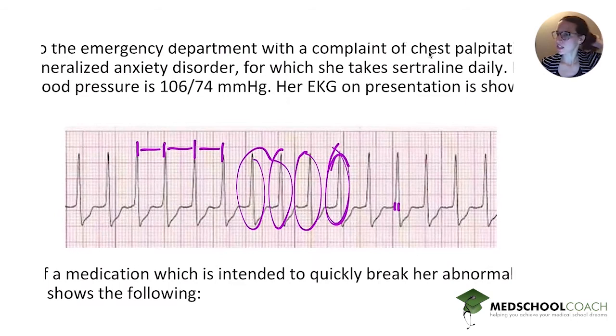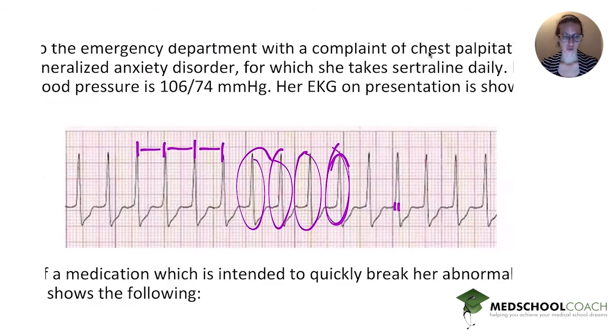Because in SVT, supraventricular tachycardia, the ventricles are, for the most part, not always, and we'll talk about one case in which that's not true, but for the most part, the ventricles are being depolarized normally because the abnormality is occurring at the AV node or above. So the ventricles are seeing normal depolarization. It's just going much faster than normal. So we wind up with QRSs that are narrow complex and look pretty much normal. So this person has supraventricular tachycardia.